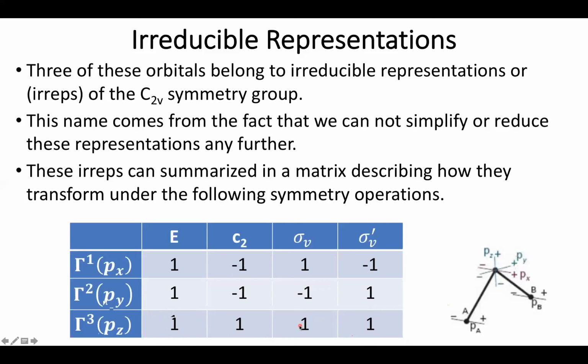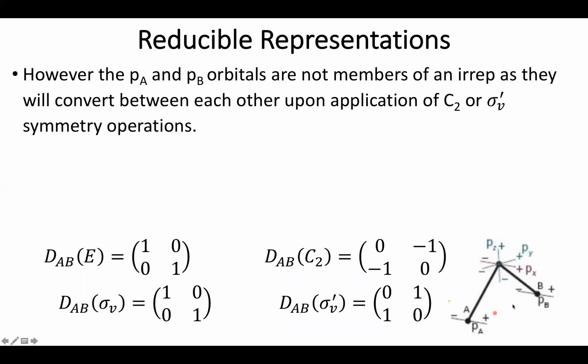However, we do run into a problem because while each of these three orbitals are wonderful, they obey an irreducible representation of the C2V point group. It turns out we weren't quite so lucky when we put these orbitals further away from the center, so when they were centered around atom A and atom B. So neither of these are members of an irreducible representation.